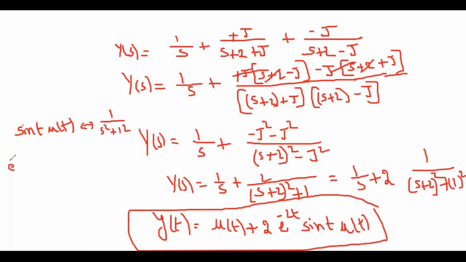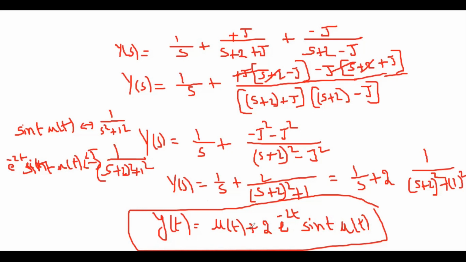When it is multiplied with e power minus 2t mu of t, the Laplace transformation is 1 by, wherever the s is there, you can replace it with s plus 2 whole square plus 1 square. So mu of t plus 2 into e power minus 2t sine t mu of t. You take the mu of t as common and right here it is a 1. Got it, my dear students?